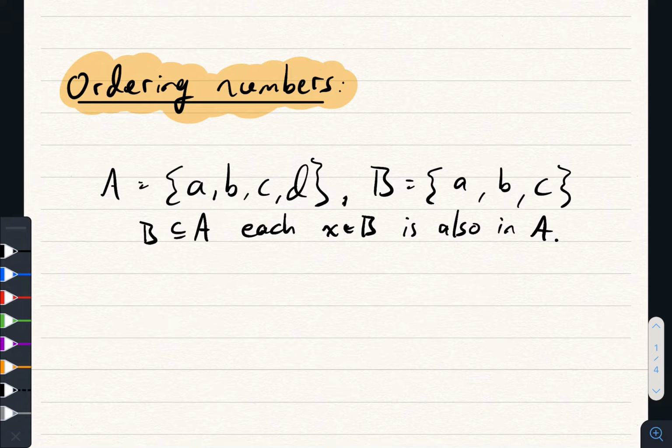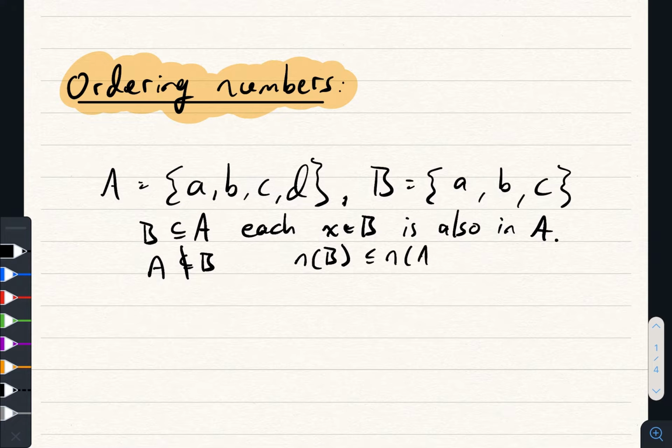You could not say the other way around, that A is a subset of B, because D does not show up anywhere inside of the set B. So we would say that the number associated to B is less than or equal to the number associated to A.